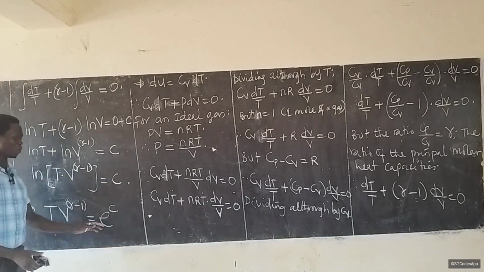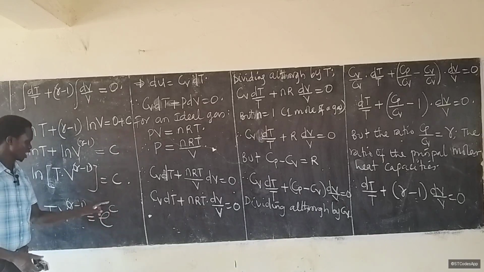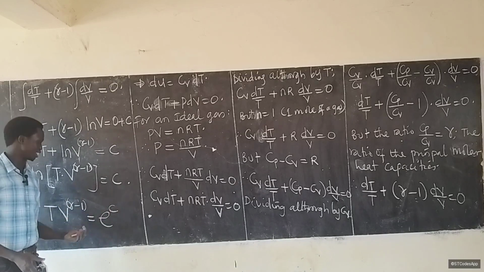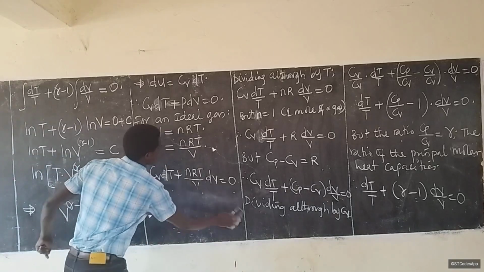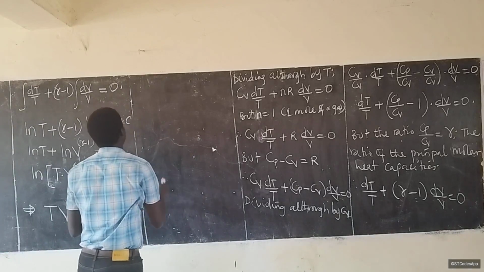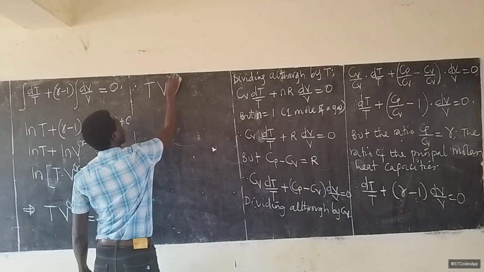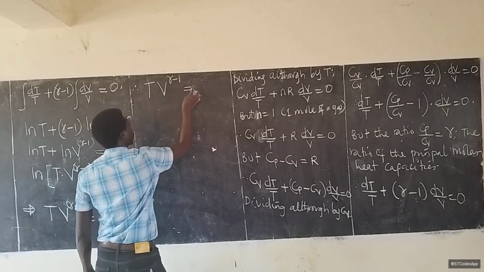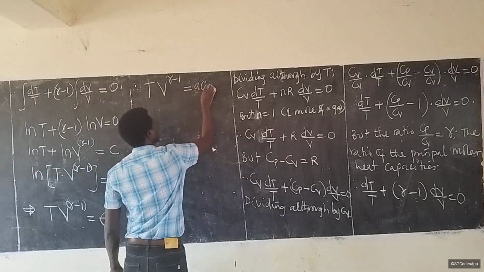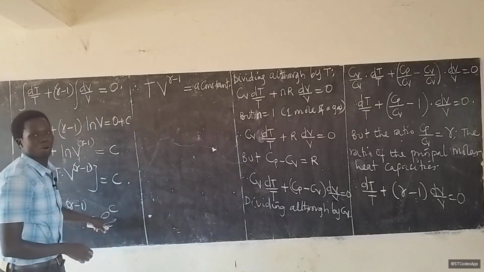But e to power c, since c is an arbitrary constant of integration, all of this will become a constant. Therefore, we shall have that T V to power gamma minus 1 is equal to a constant, and that constant is e to power c.